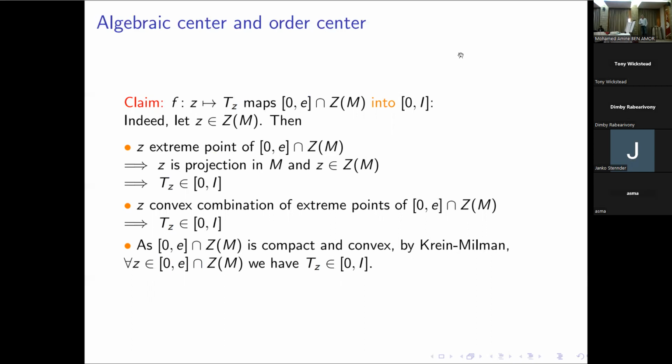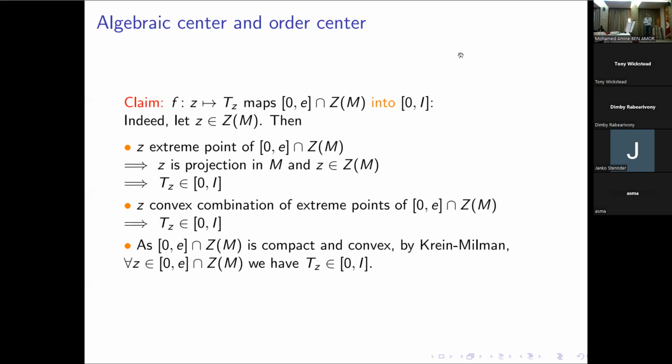Then we can take convex combinations of these extreme points. If we take a convex combination of z, then multiplying by that convex combination is the same as the convex combination of the multiplication operators. So we can extend this just by taking convex combinations, so that we also get it for those z where the corresponding multiplication operator is in the order interval of the operators. That was compact.